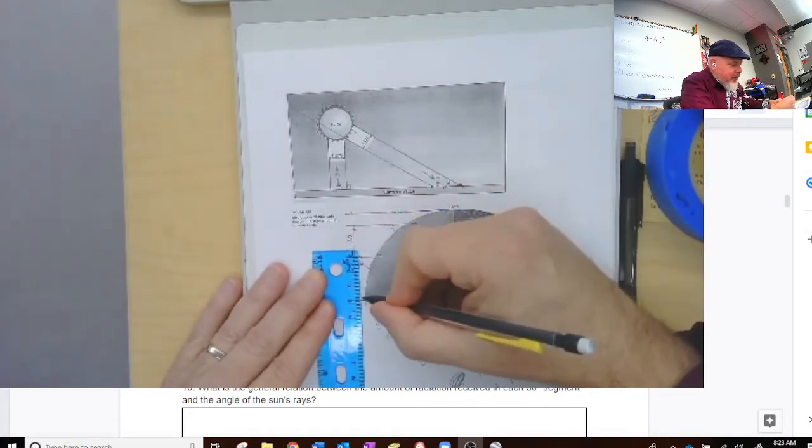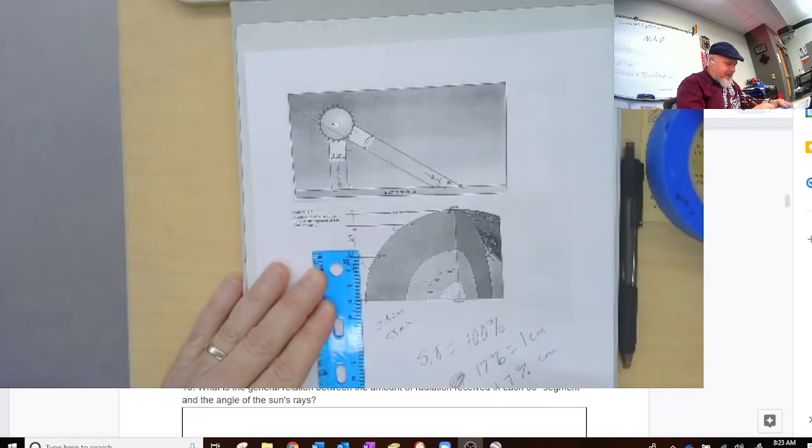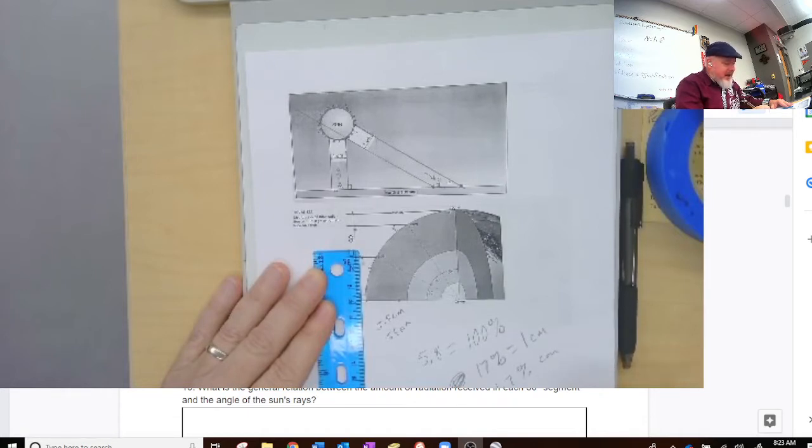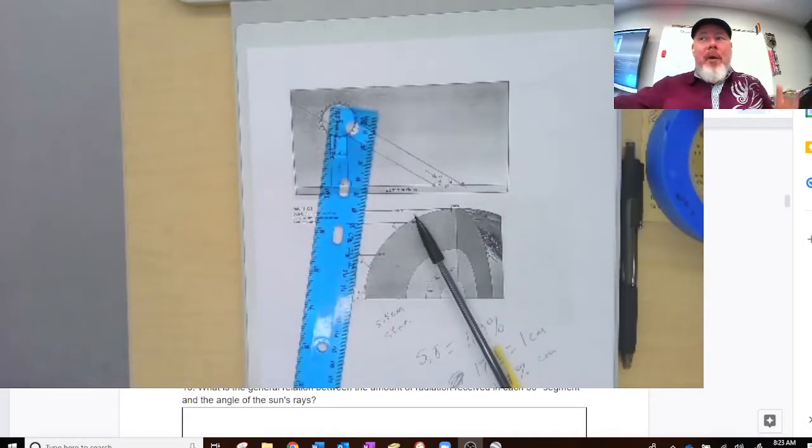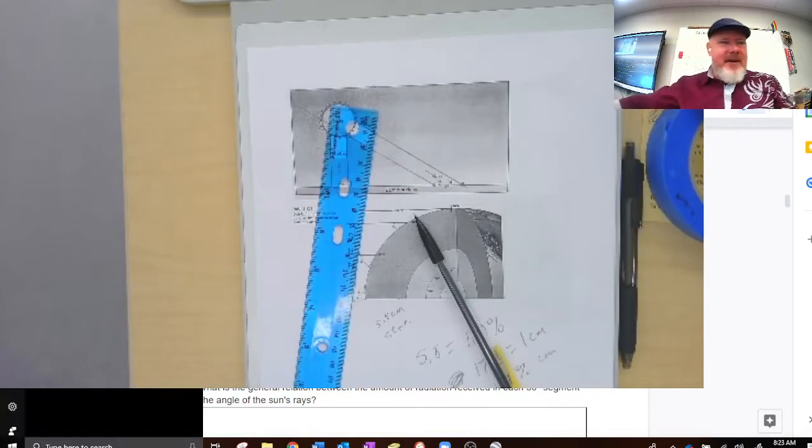So that would be about 29 millimeters. 2.9 centimeters, 29 millimeters, and I'm going to multiply that times 1.7 to see what percentage that is. So once again, I'm going to bring up my calculator again.